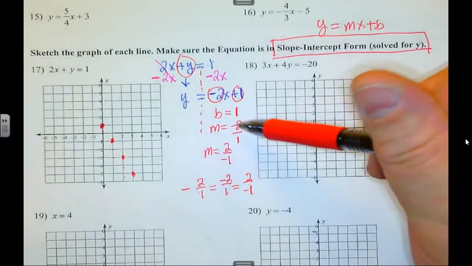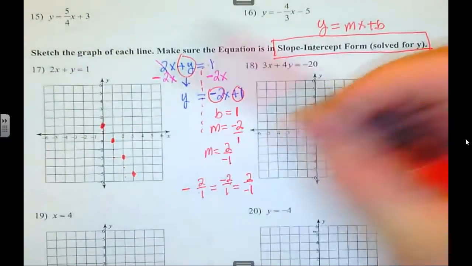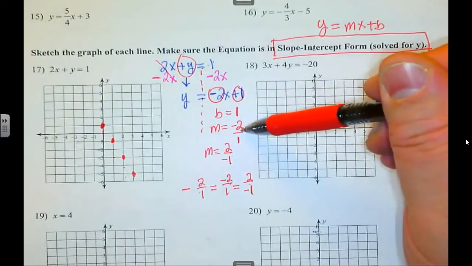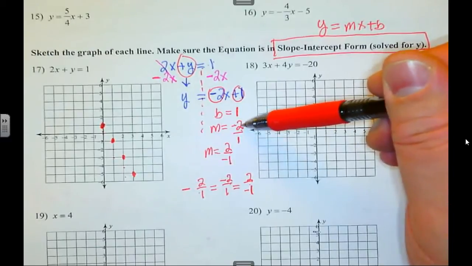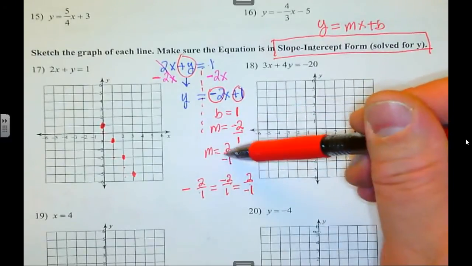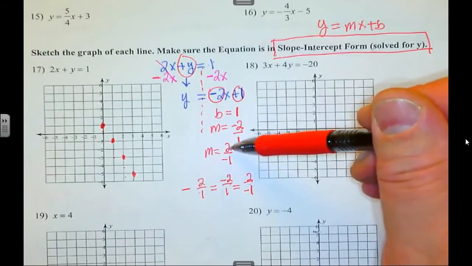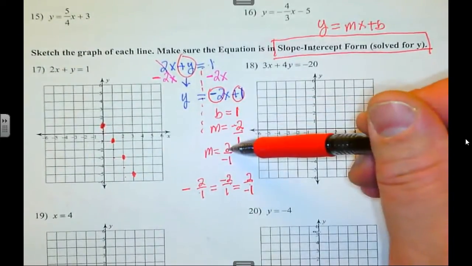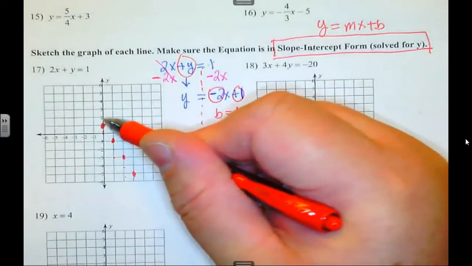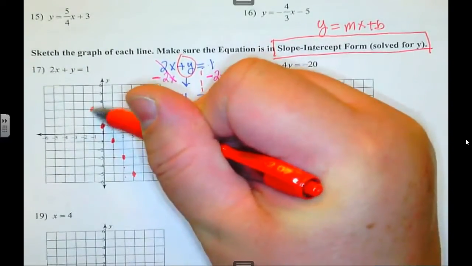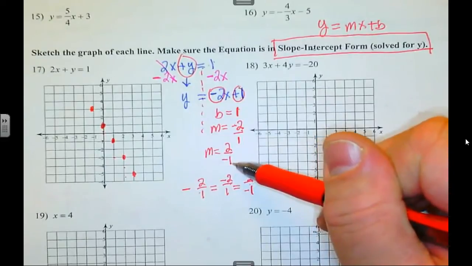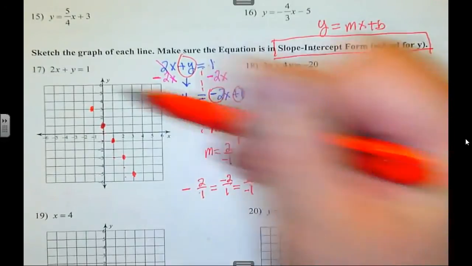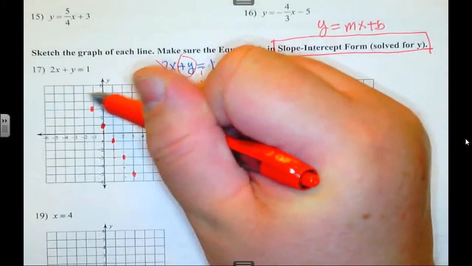The first time I did the slope, I used the one where the negative sign was with the 2. If I put the negative sign with the 1, then I would have to go up to the left 1, because the minus sign is in front of the 1. Up to the left 1.